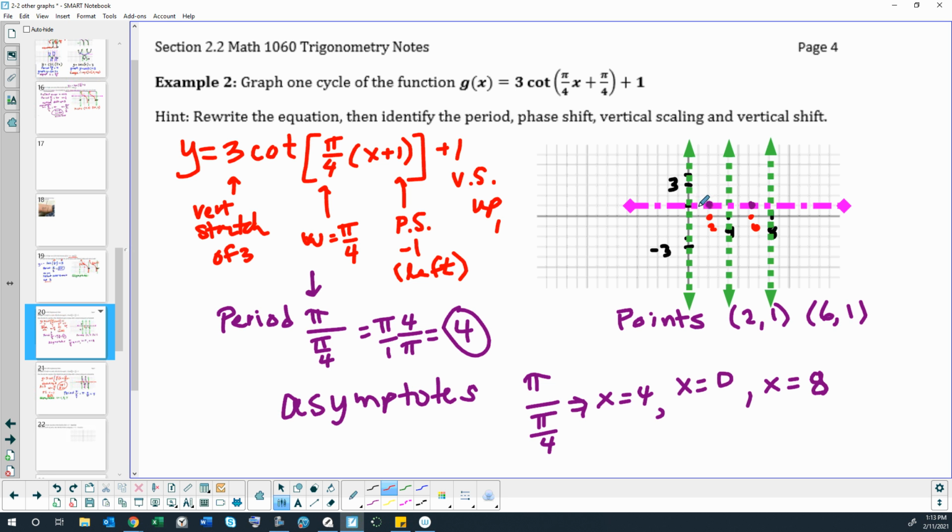So normally we would have a point like right here at pi fourths, 1, but because of the 3 in front, that takes that point and stretches it by 3.